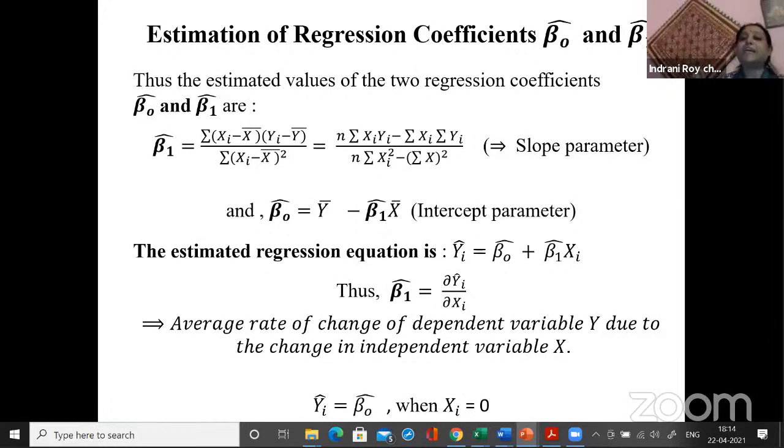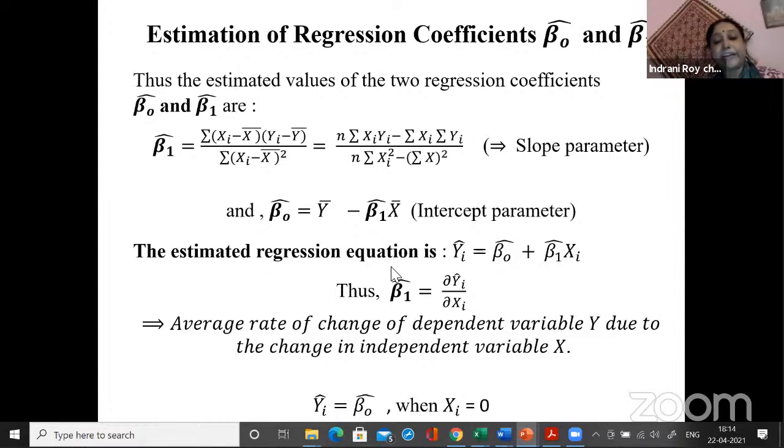That means if you increase or decrease xi by 1 unit, in a discrete sense, it's a derivative, but I'm just telling you in a discrete sense for your understanding, the rate of change of yi with respect to x on an average is your beta 1 hat.